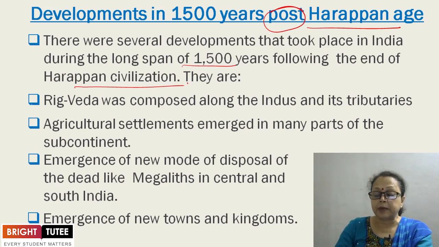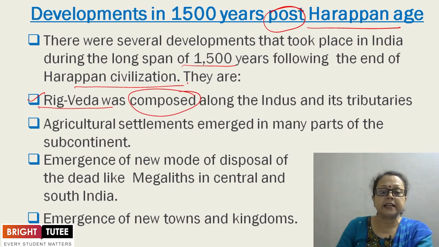Then it comes about the Rig Veda, which was composed along the Indus and its tributaries. The Indus River is there in the northwestern part of our country. Along with its tributaries, it is said that the Rig Veda was composed. It was written.